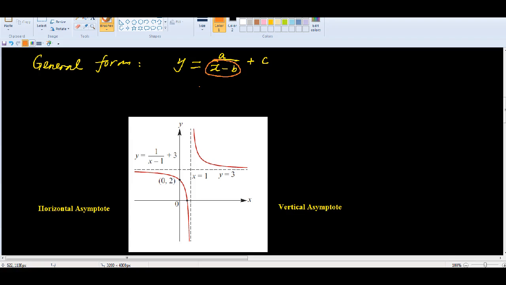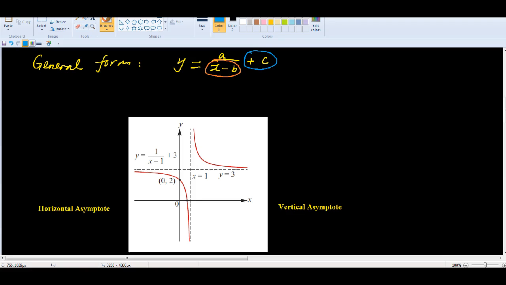That part will determine where the vertical asymptote is, and the other part is plus c. This part will determine the horizontal asymptote.